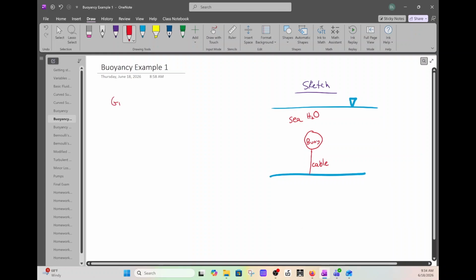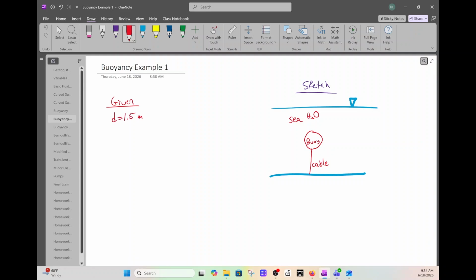And givens. What do we have for givens? The diameter of that buoy is 1.5 meters. The weight is 8.5 kilonewtons. And gamma of the seawater is 10.1 kilonewtons per meter cubed.